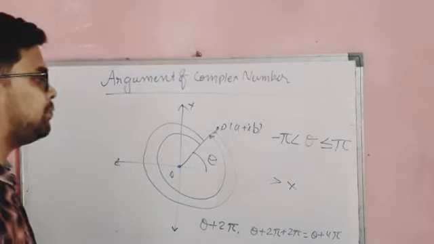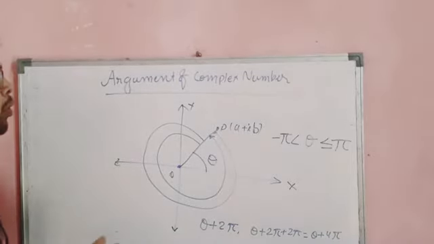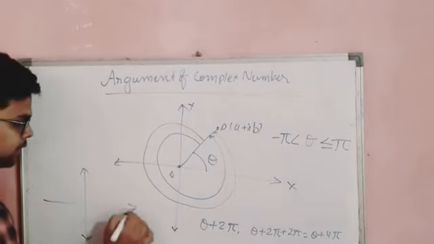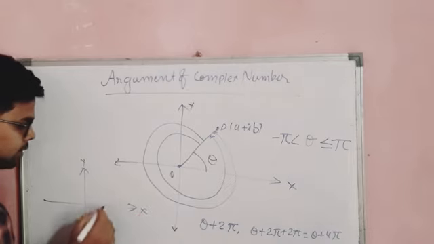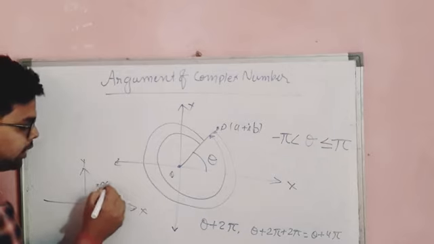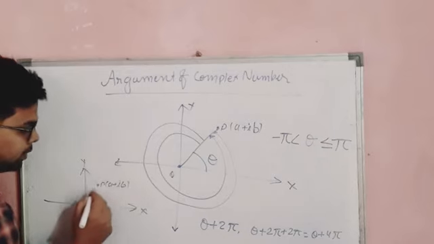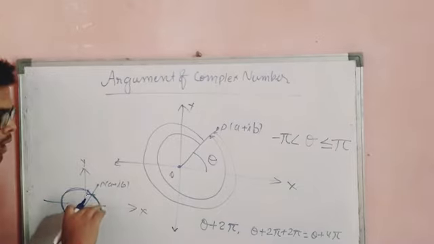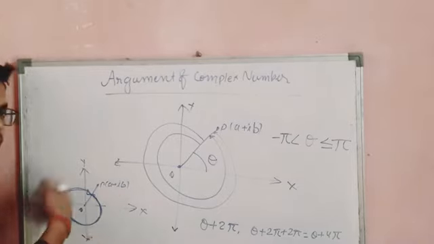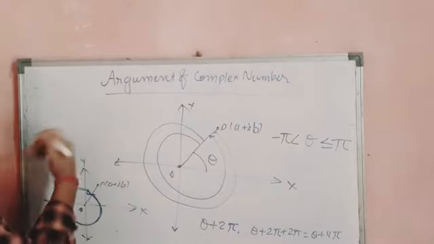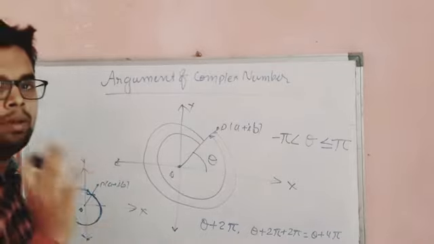Okay student, if you don't know what minus pi and plus pi are, see here. Let this be the x-axis and this the y-axis. Let this be point P, which represents the complex number a plus ib. If we measure the angle clockwise, then the angle will be negative, and if we measure the angle anti-clockwise, then the angle will be positive.